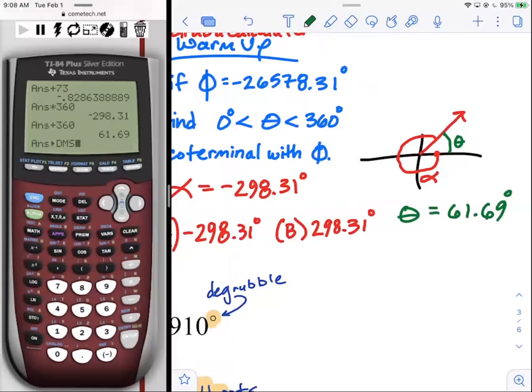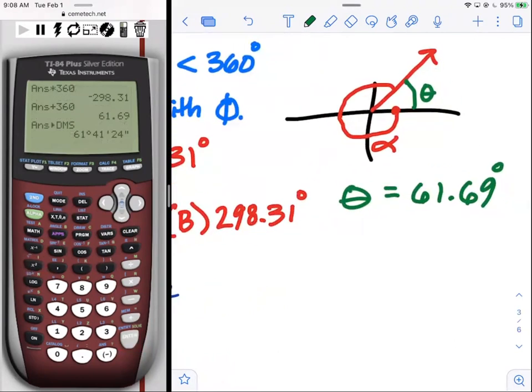So that would take your answer from the previous line with all the decimals intact and convert it to DMS, so now it's 61 degrees, 41 minutes, 24 seconds. So I'm not actually going to require you to show those conversions. I showed them to you because it's nice to know how it works. But since the calculator does it, we'll just let it do it.